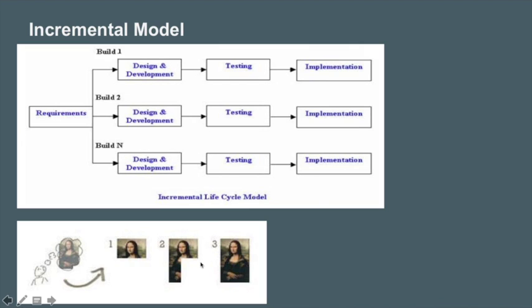Take building a picture as an example. In the diagram, when we work incrementally, we are adding piece by piece, but we expect that each piece is fully finished. Thus, we keep on adding the pieces until it is complete.